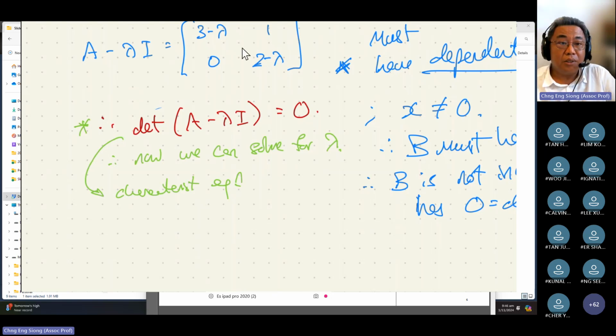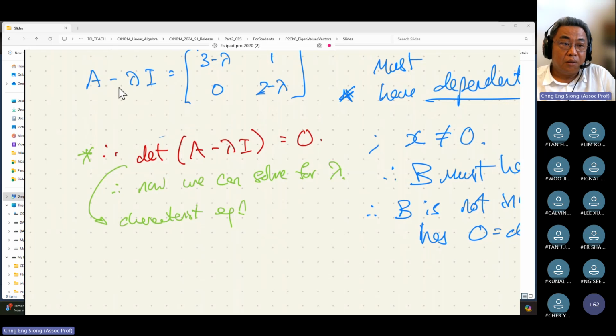So now, you see, we have this determinant equal to 0. This is 3 minus lambda times 2 minus lambda, minus the other diagonal multiplied. So we only need to solve for lambda now. V disappears. This is really clever.